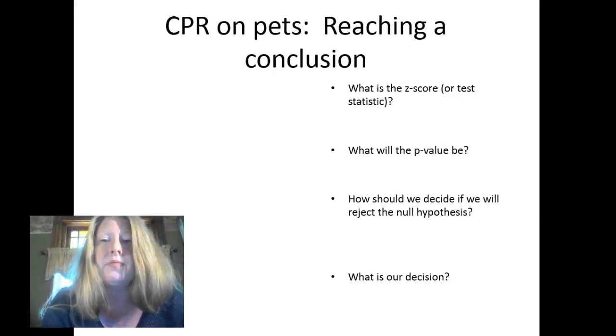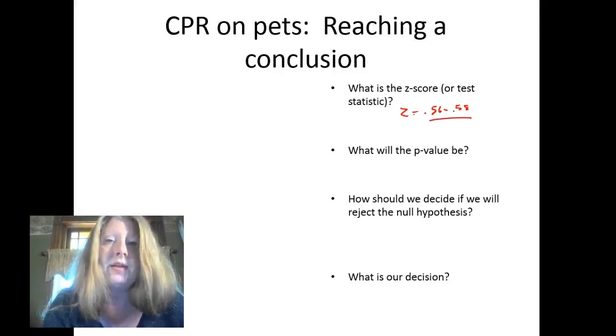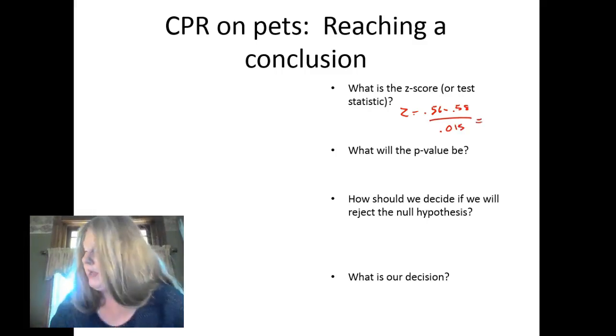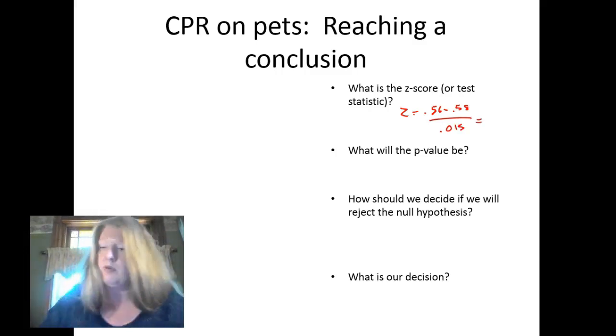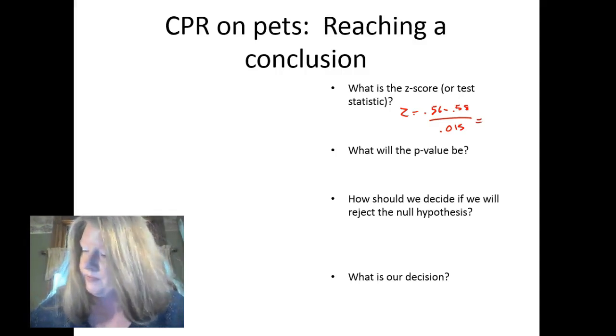So again, z equals p hat, 0.56, minus 0.58, which is p, divided by the standard deviation of the sampling distribution, which I just told you is 0.015. Of course, I didn't figure this out. Let me quickly figure this out.